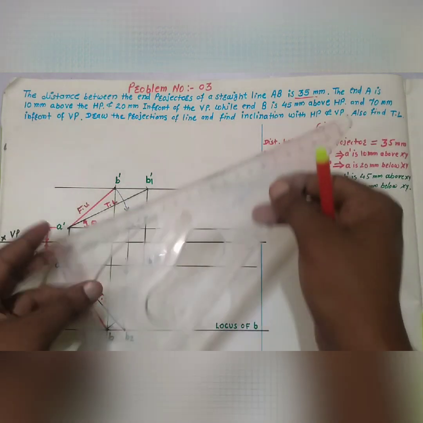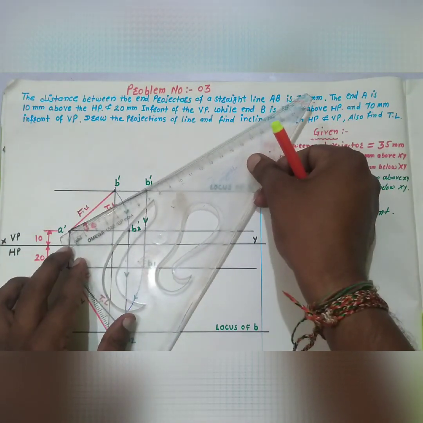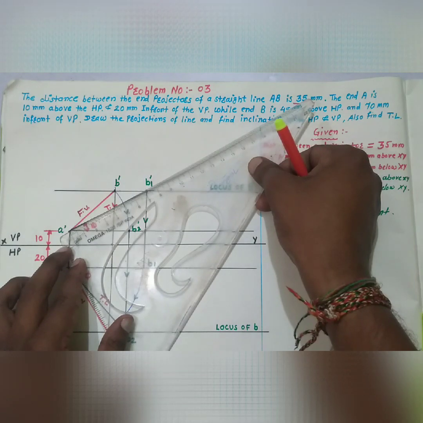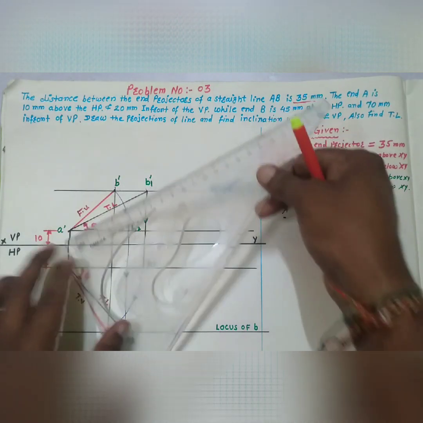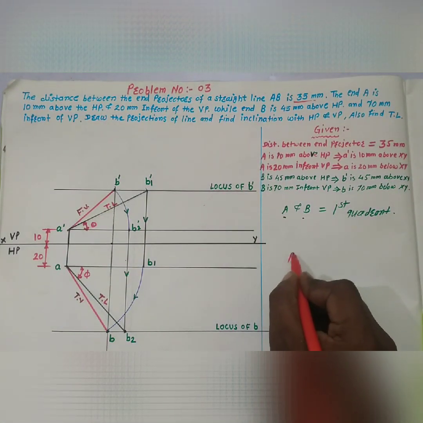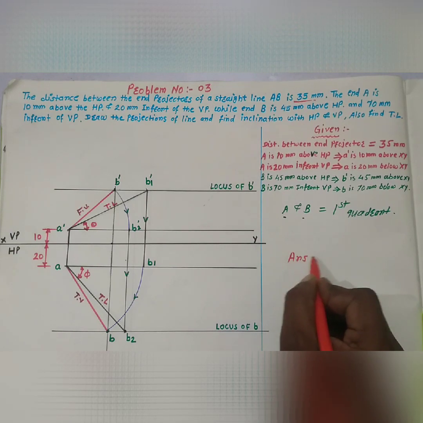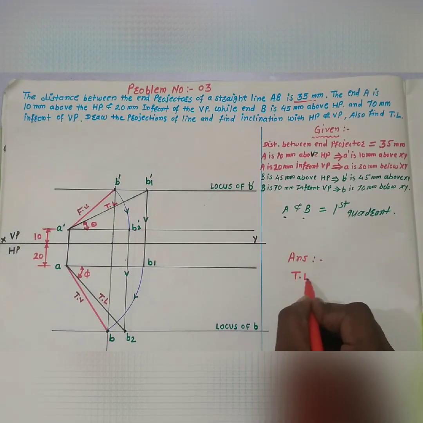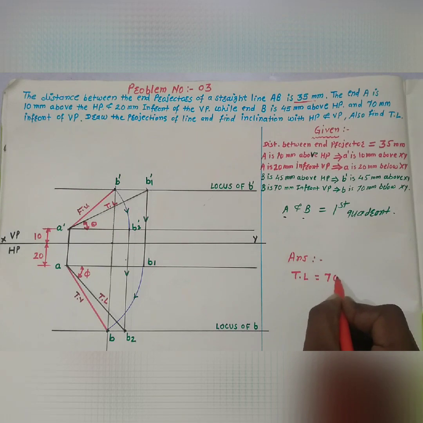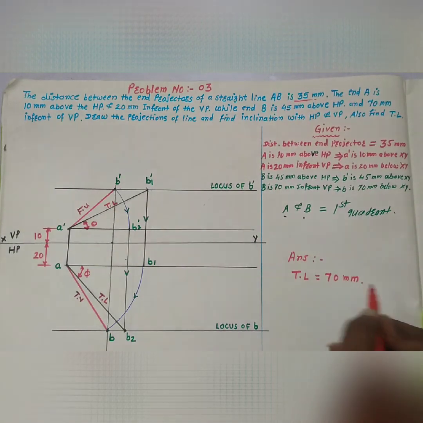So just measure this true length. It is equal to 7 centimeter; this true length is 70 mm.